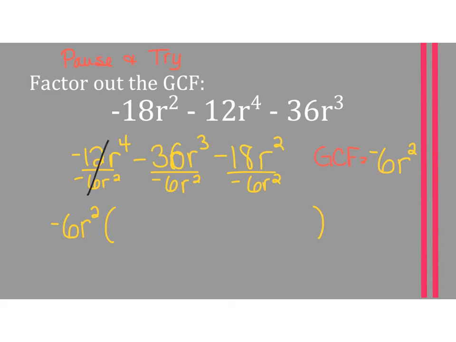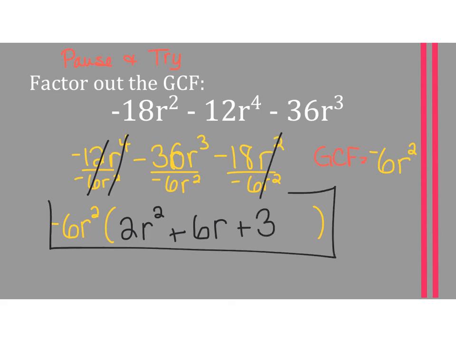Negative 12 divided by negative 6 is positive 2. R to the 4th divided by r squared is r to the 2nd. Keep your base, subtract your exponents. Negative divided by a negative is a positive. 36 divided by 6 is 6. R to the 1st. And then plus 3, and these r squareds would cancel.